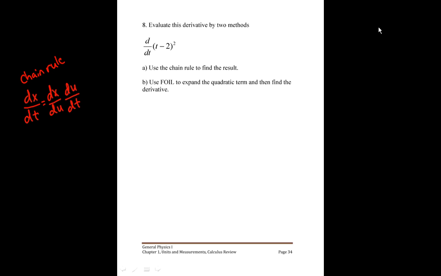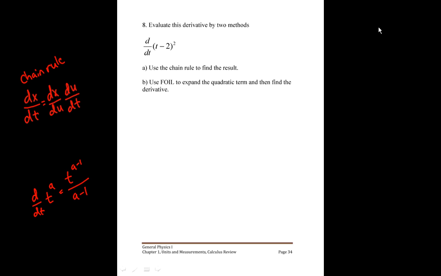Okay, so I want to take the derivative of this. Let me also remind you that the derivative of a polynomial, that is, say, d dt of t to the a power, is equal to a times t to the a minus 1.